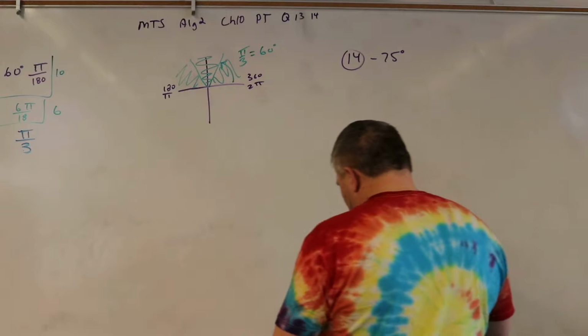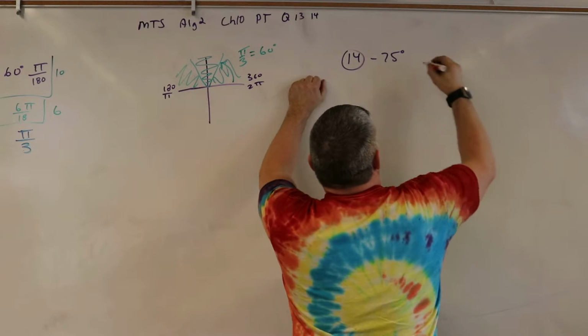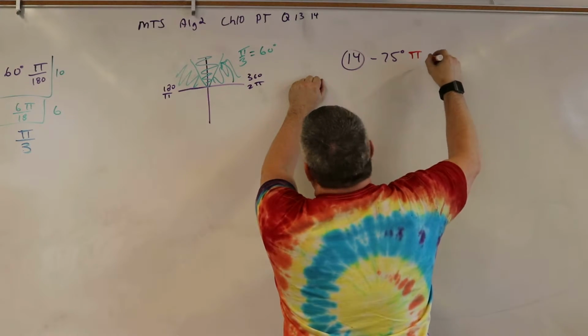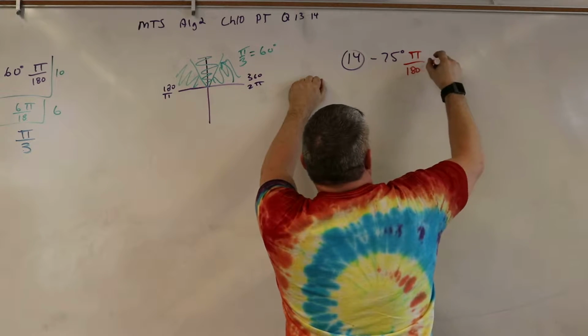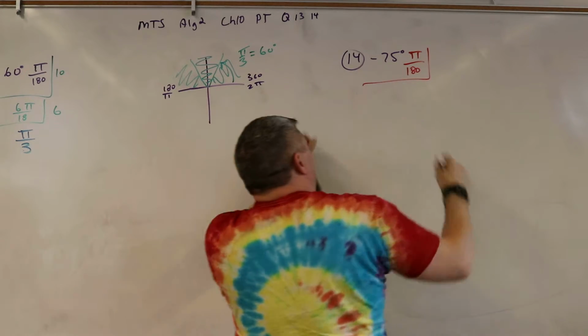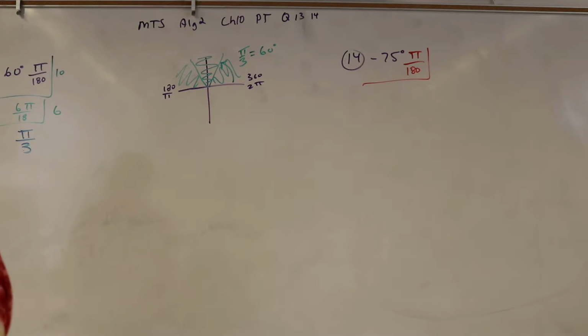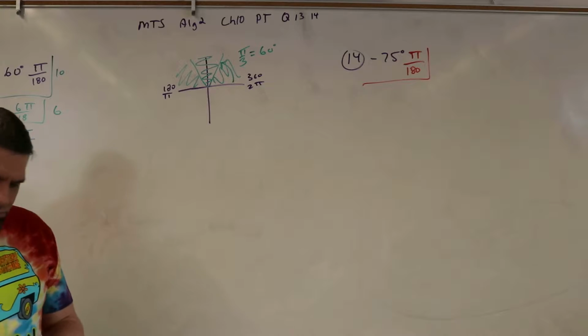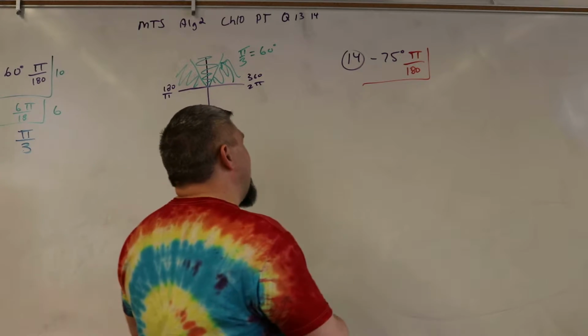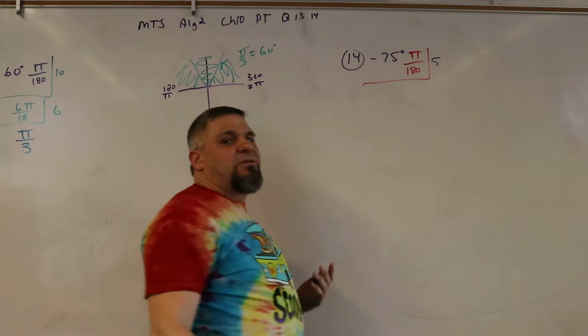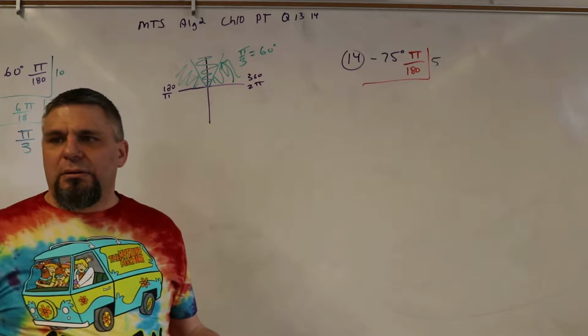75 degrees, we're going to multiply by pi over 180, right? And then we're going to do that upside down division. What goes into 75 and 180? How about 5? 5 goes into both of those, right? I hate 5.